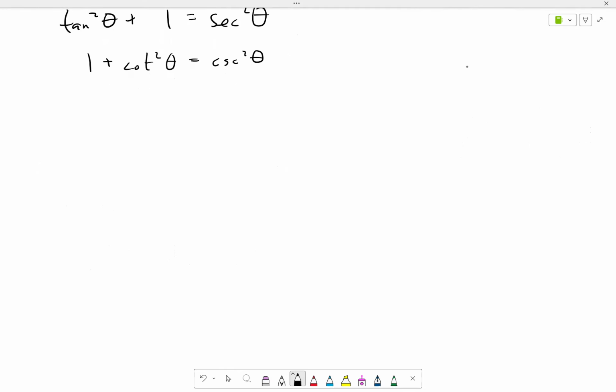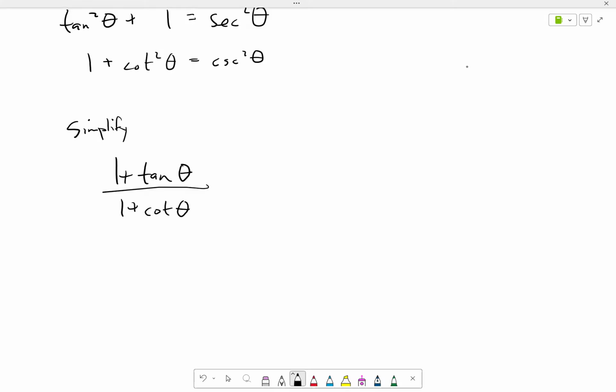Let's simplify this. No Pythagorean identities here. This is not in the packet.